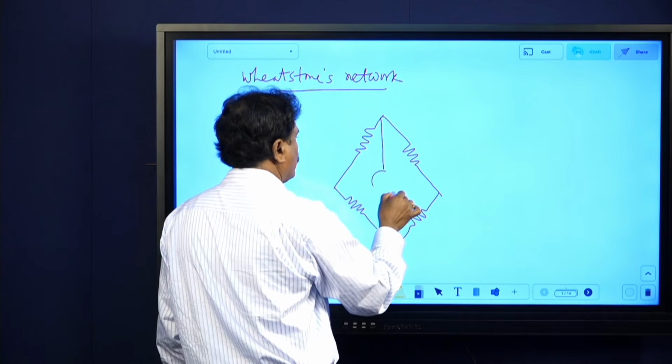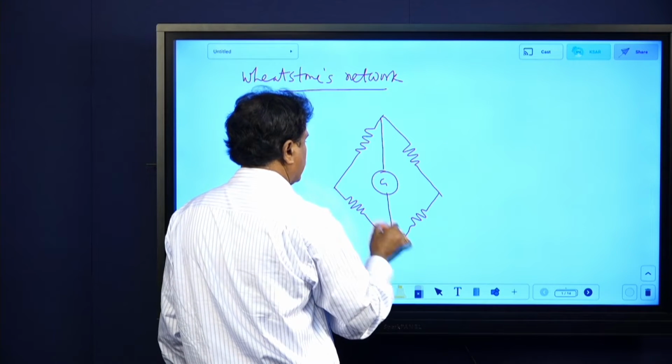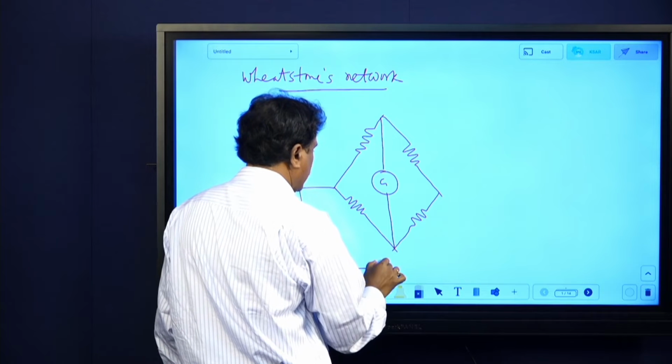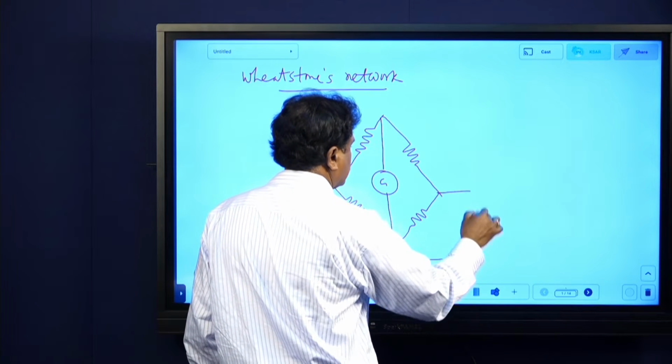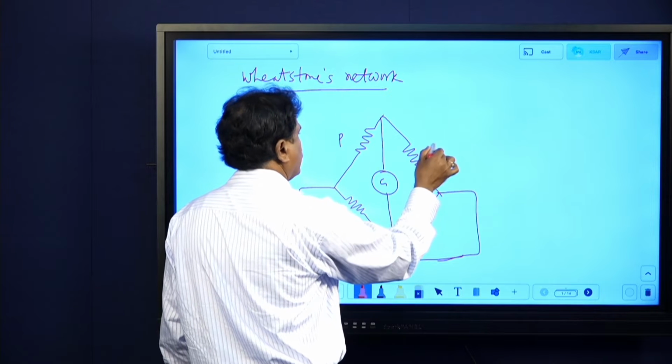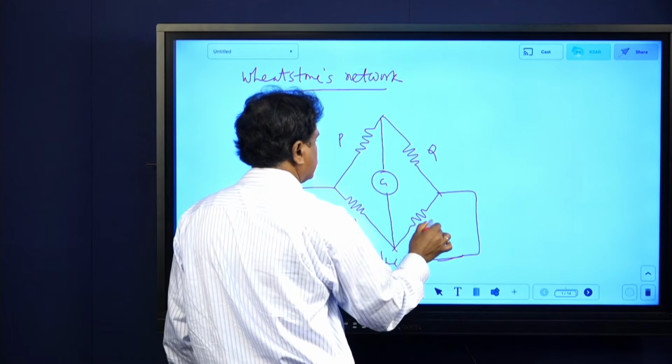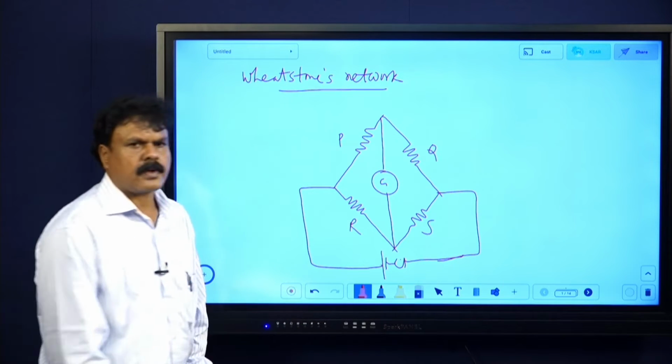Between two diagonally opposite corners, a galvanometer is connected. Between the other two diagonally opposite corners, a cell of EMF E is connected. We call the corners P, Q, R and S. That's it. This is a Wheatstone's network.